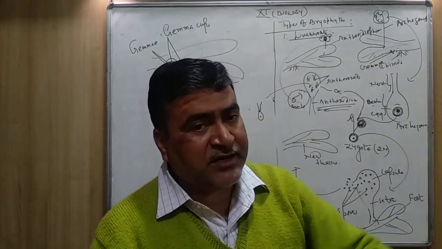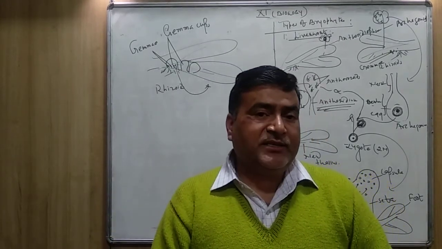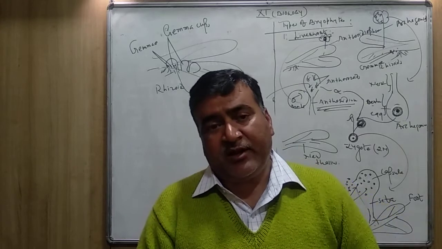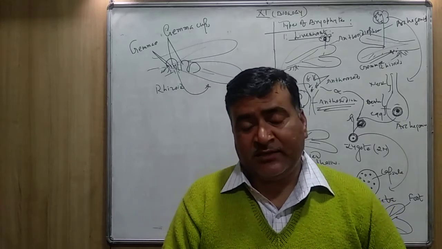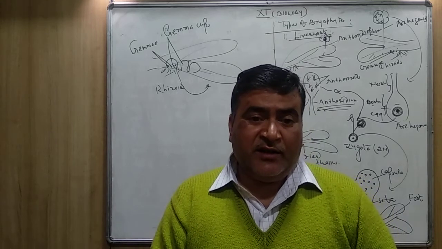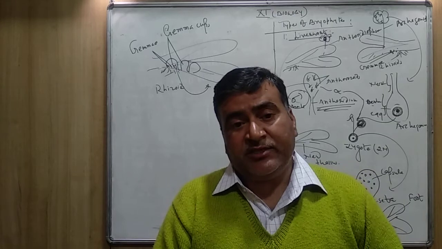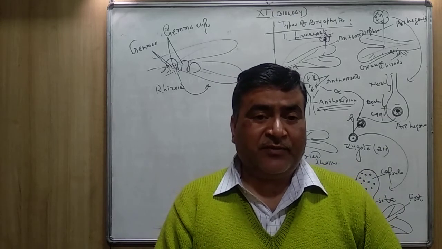In dry conditions, the antherozoids are unable to swim. They can't move towards the female thallus. And that's why water is required. Through the water they can reach the female thallus.